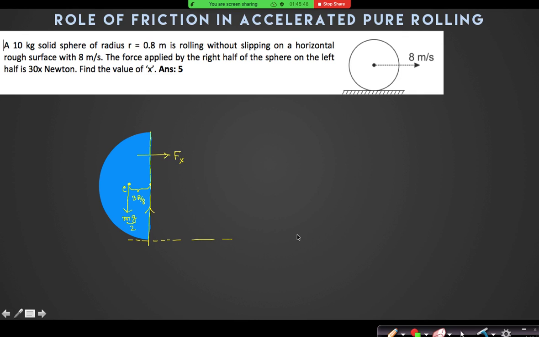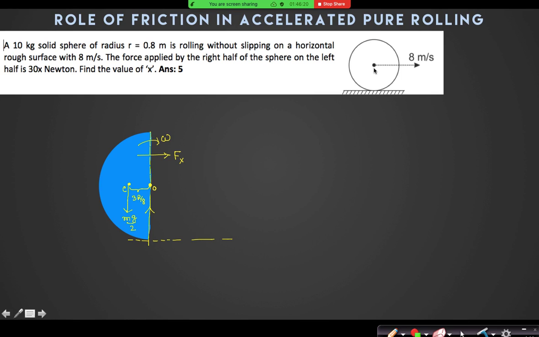It is also moving with constant speed, so I don't think it has any alpha, but it has an omega. So the centripetal acceleration is provided by the Fx.